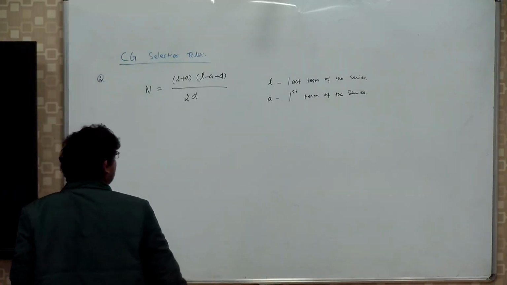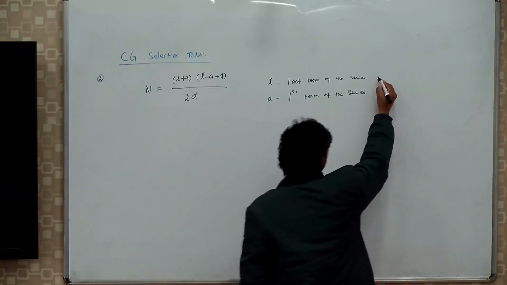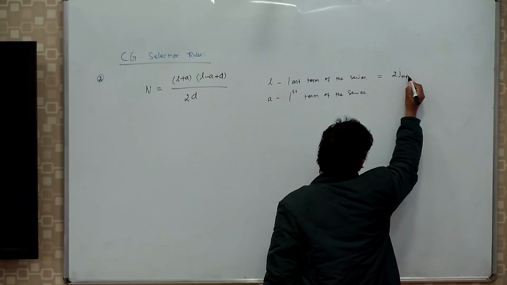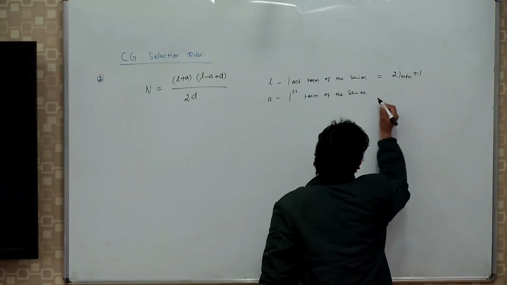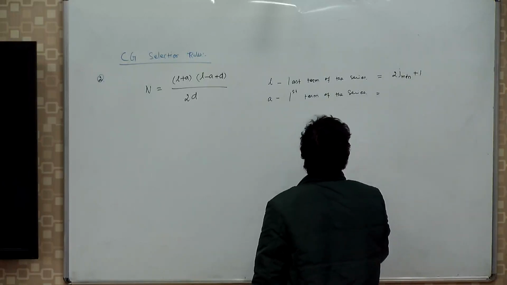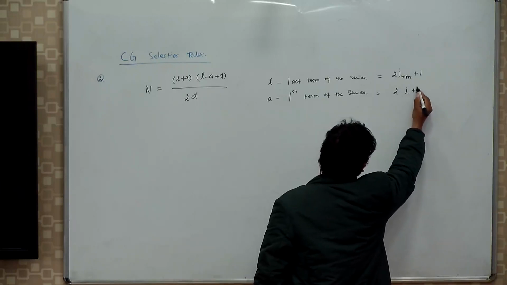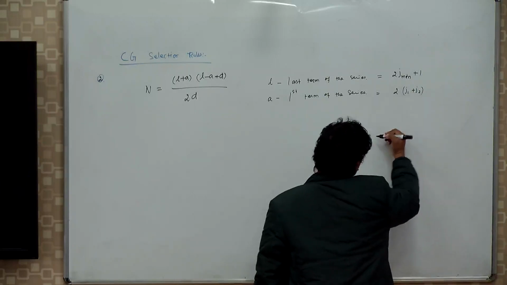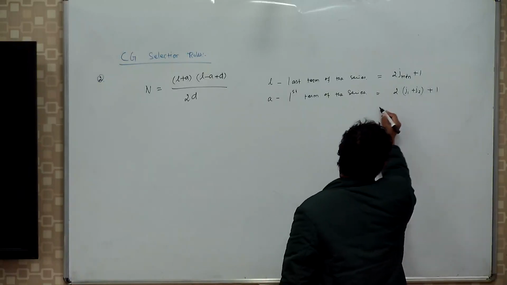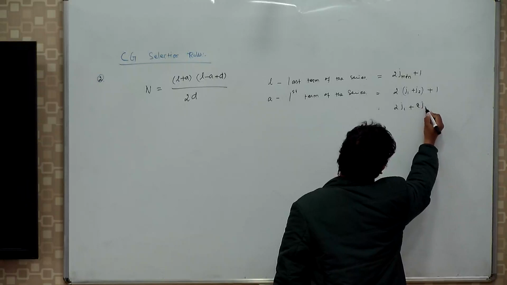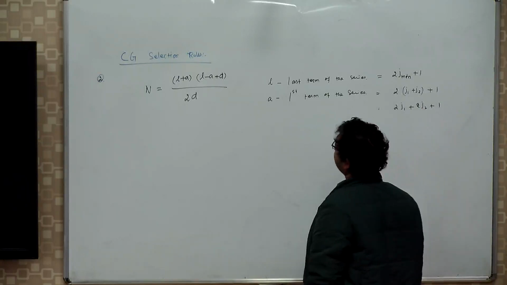Then the value of the last term of the series is nothing but 2j minimum plus 1, and the first term of the series is 2j1 plus j2, which is nothing but j maximum, so plus 1 is nothing but 2j1 plus 2j2 plus 1.